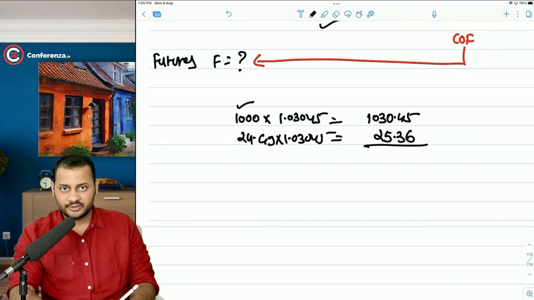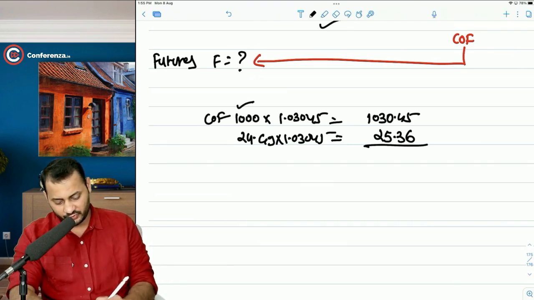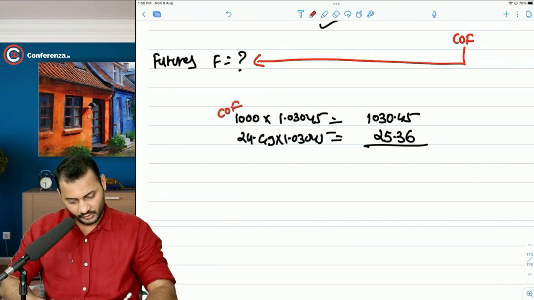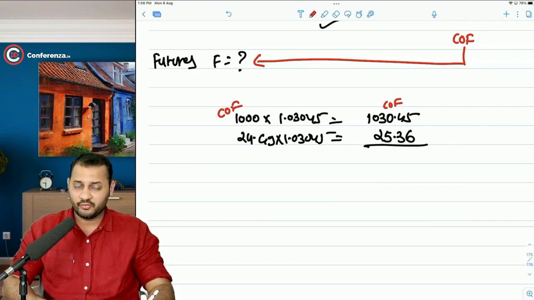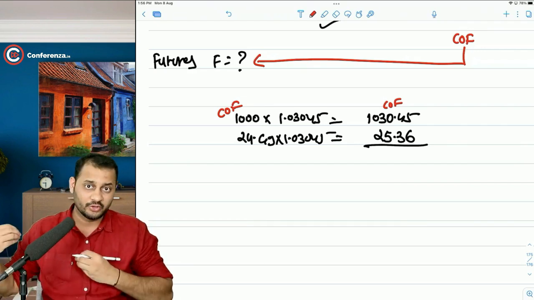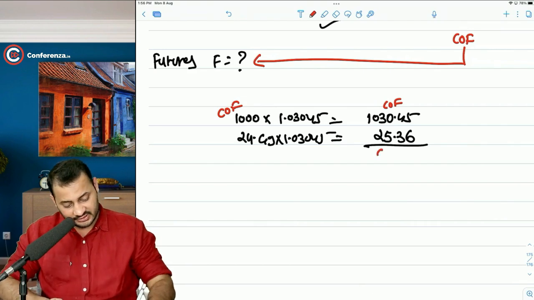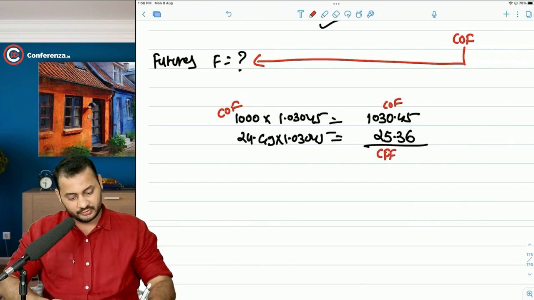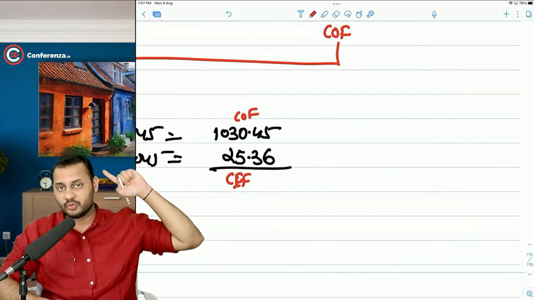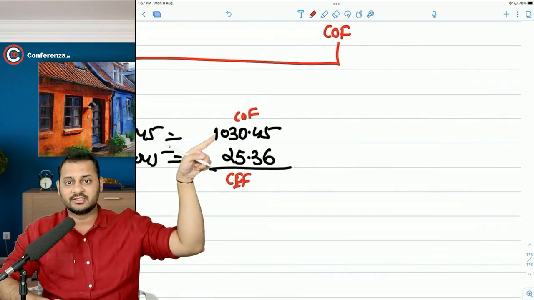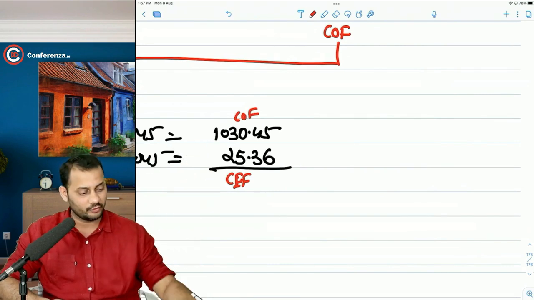You paid 1000 rupees. This is cash outflow to you. This 30 rupees is also a cash outflow to you as an interest cost for borrowing 1000 rupees 3 months back. And this is cash inflow to you. So all in all, the net cost to you to carry that 1000 rupees stock for the 90 days is 30 rupees of the outflow and 25 rupees of the inflow.